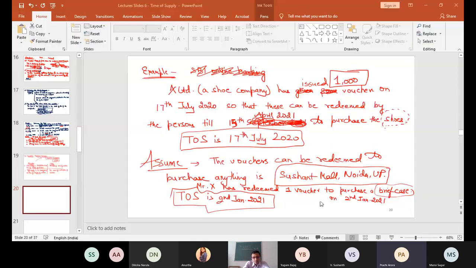Sir, what will happen if some of the vouchers are not redeemed in the first case after 15th of April? What will happen if some vouchers are not redeemed, when supply is identifiable?